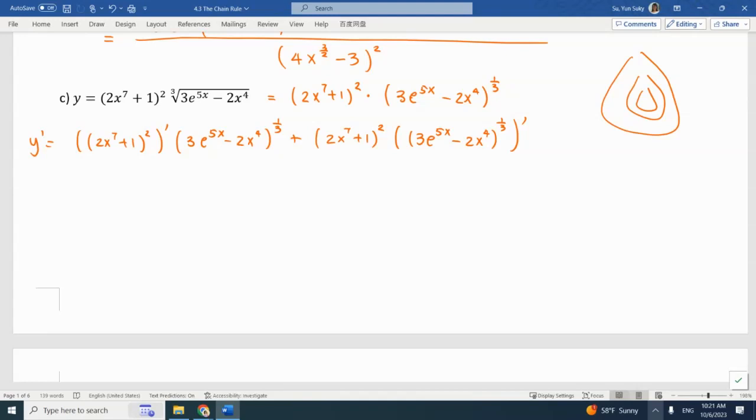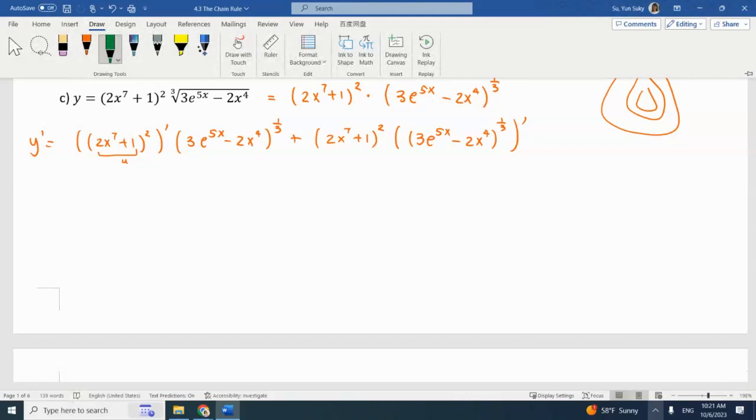For the factor with the prime, we need to differentiate. And now do you see here, we need the chain rule? So here, this is my u, right, everybody?